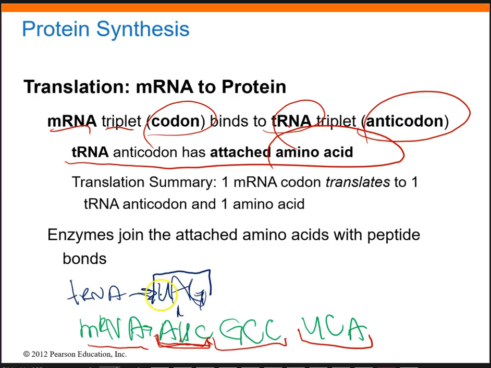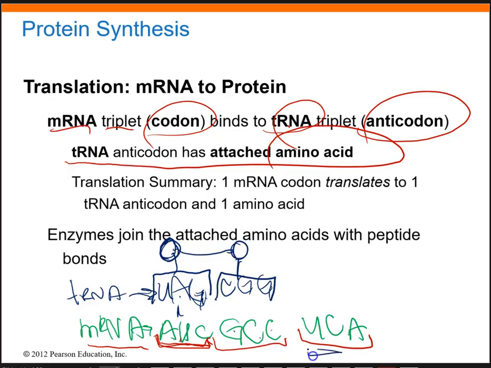Well, this anticodon, UAG, happens to have 1 amino acid attached to it. Then the next one comes. G goes with C, C goes with G, C goes with G. Right, so this is this anticodon. That happens to have another amino acid attached. So those will get connected to each other.